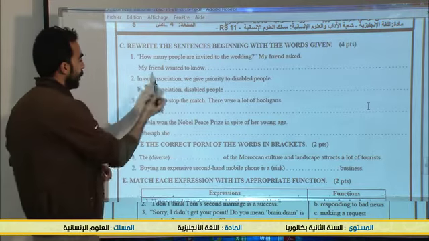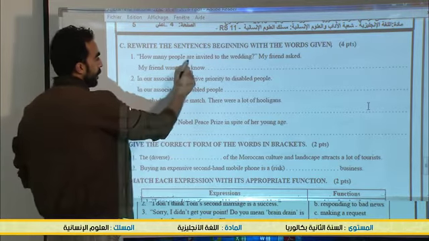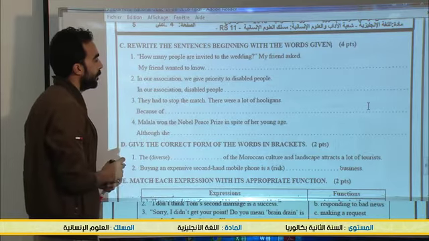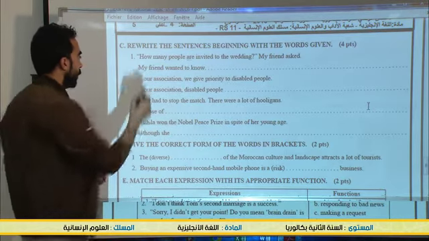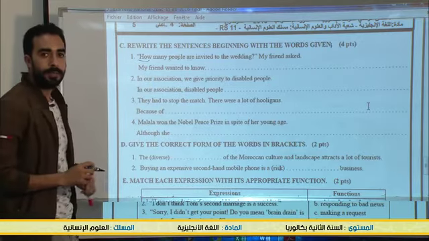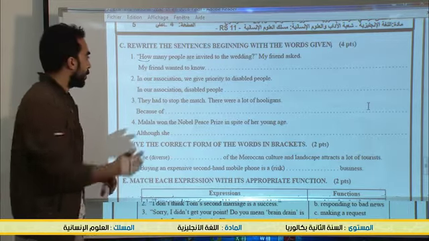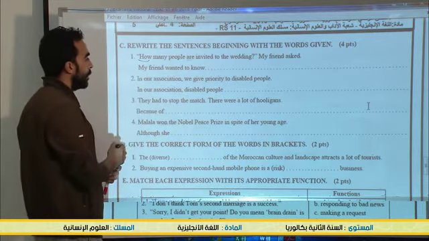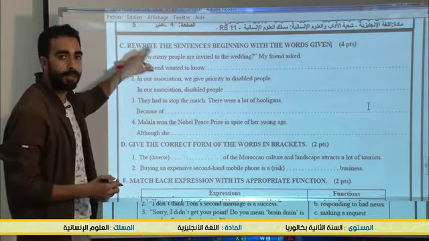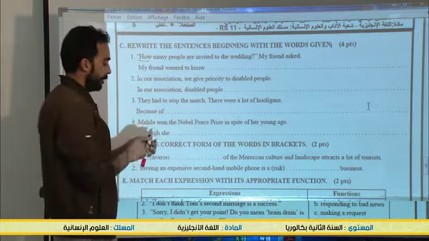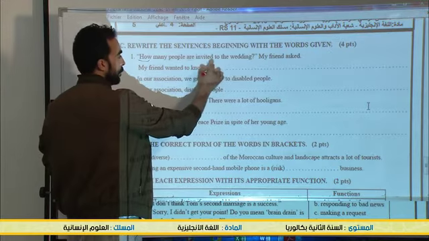Okay? So we are going to change, of course, the tense, or verb to be, the present. And of course, we are going to keep a WH question because this is the rule. So we say how my friend wanted to know. We keep the WH question. We write how.